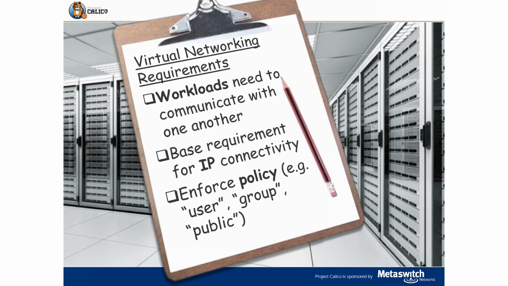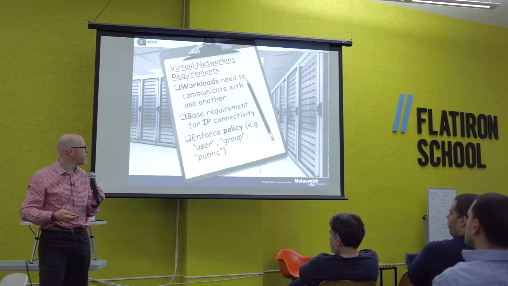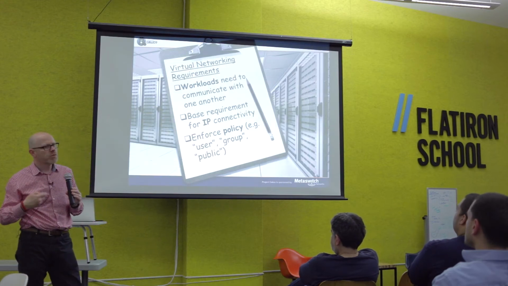So I want to be able to say, this set of applications can talk to this set of applications but can't talk to some other set, for some particular set of protocols or whatever. So you need some kind of policy enforced.